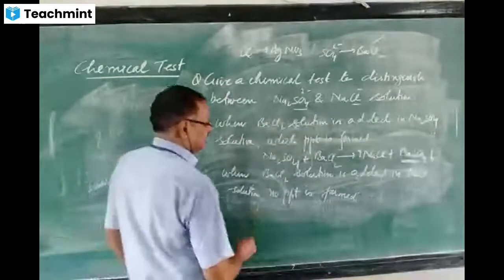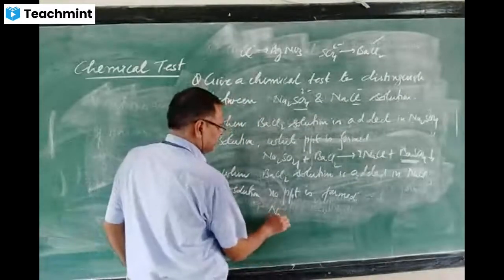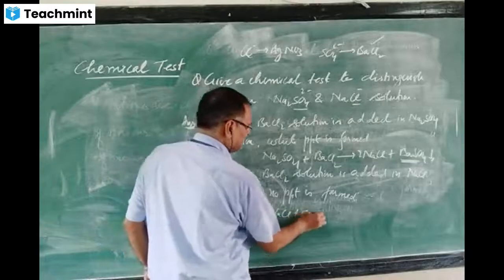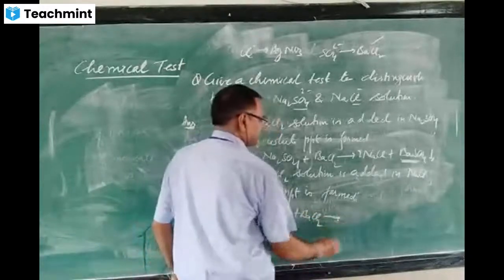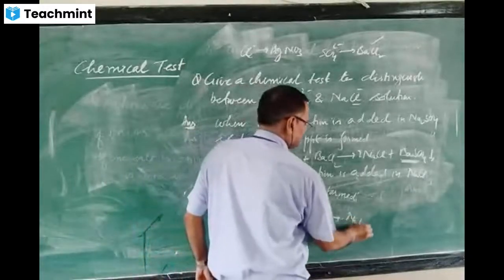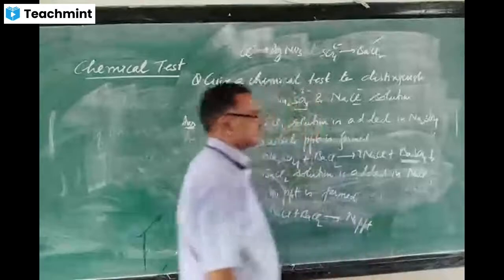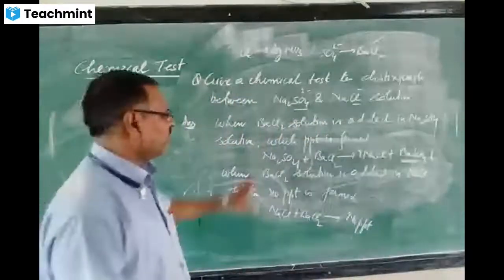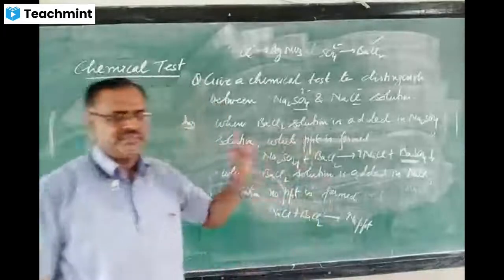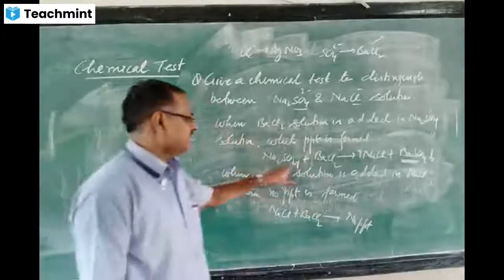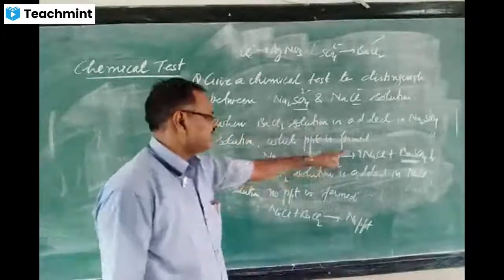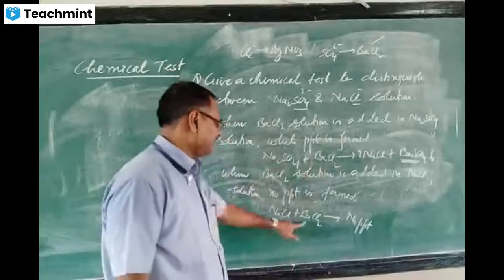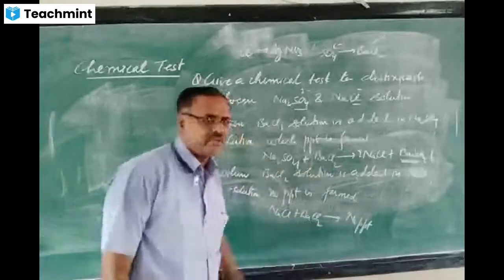But if you take sodium chloride with barium chloride, then there is no precipitate, no reaction. So the chemical equation is not required, only observations are required. The same reagent you have to use. Here when barium chloride is added, white precipitate, and here when barium chloride is added, no precipitate.